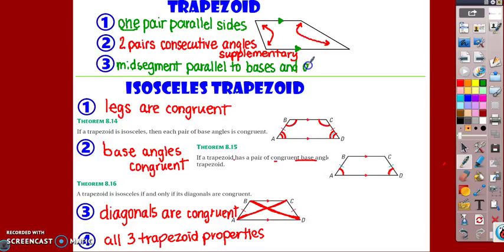And should we say average of base lengths? Does that make any sense? Something like that. And now since the trapezoid has that property, it's also going to work down here on the isosceles trapezoids too. Still parallel, still the average of those two lengths. Beautiful!